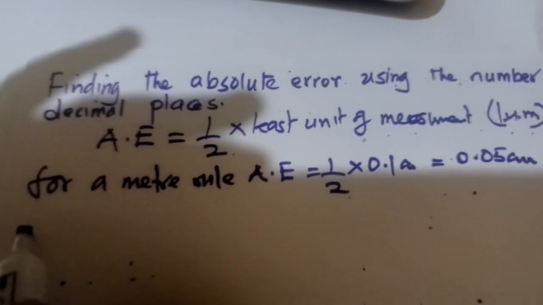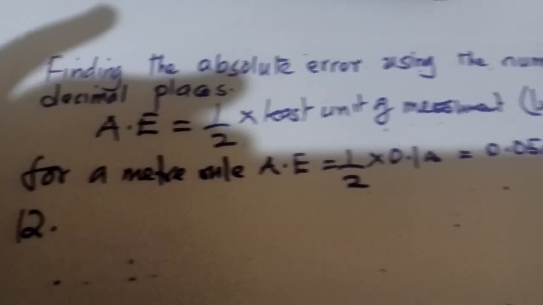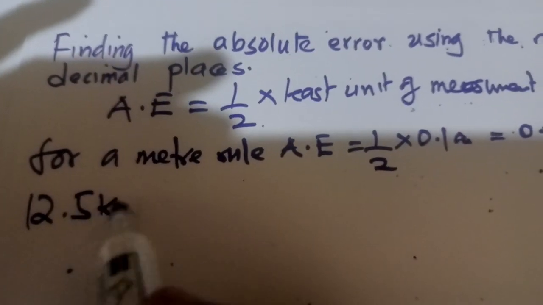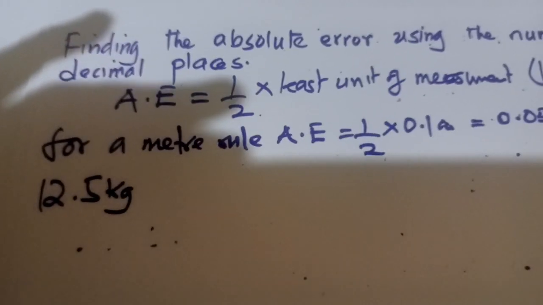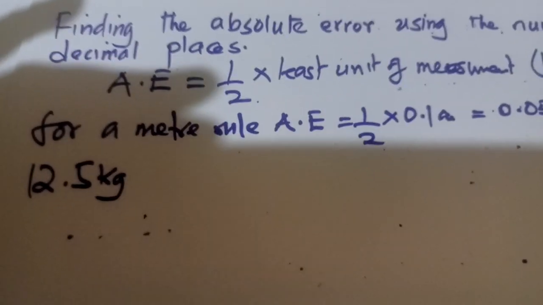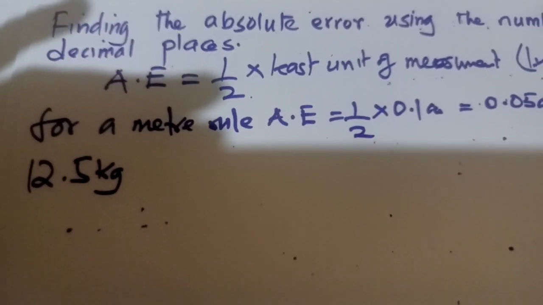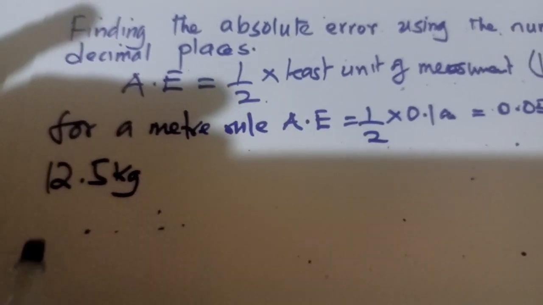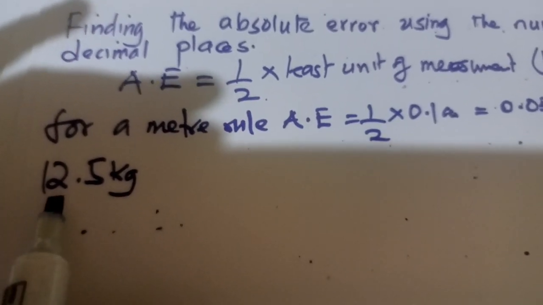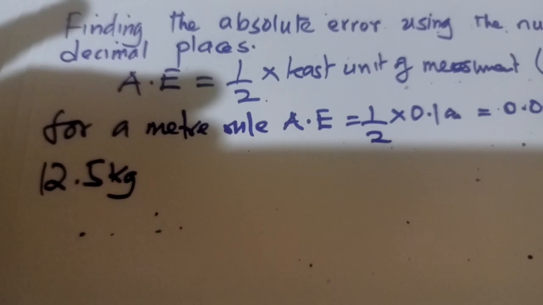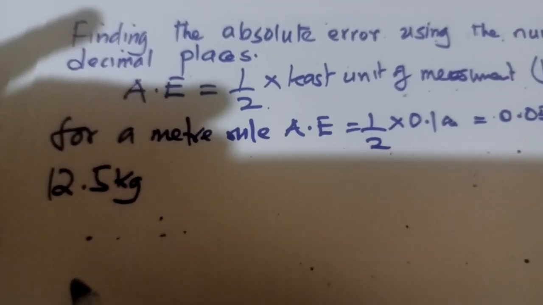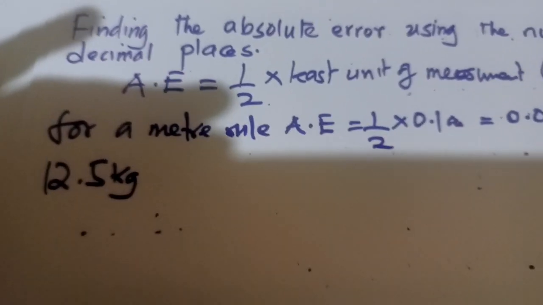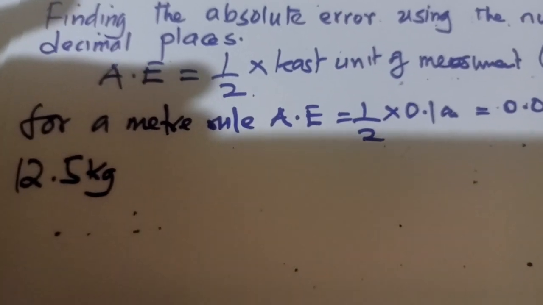Now, if we consider a measurement like 12.5 kilograms, and then we are asked to find the absolute error in that measurement. Now, this measurement has been given to 1 decimal place, or we can say to the nearest tenth of a kilogram.